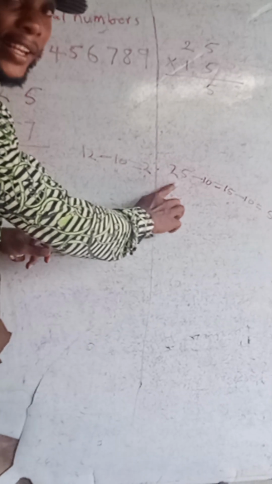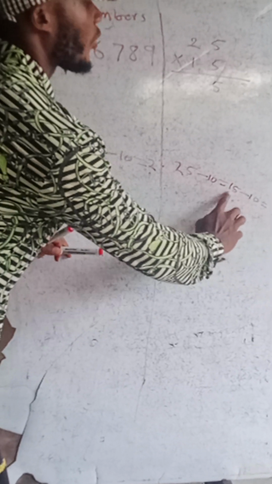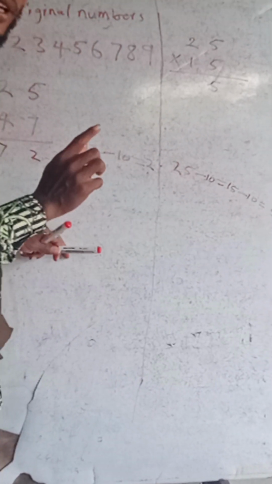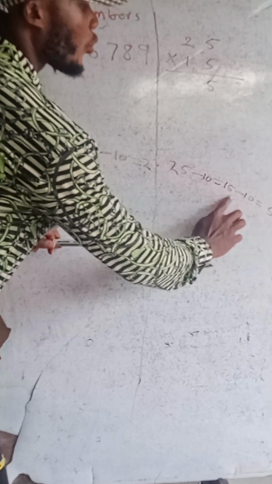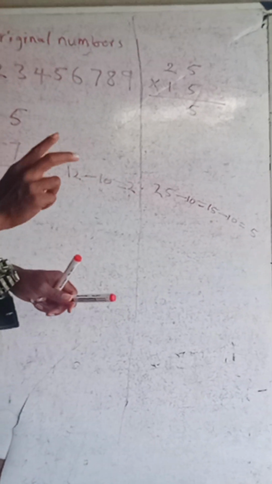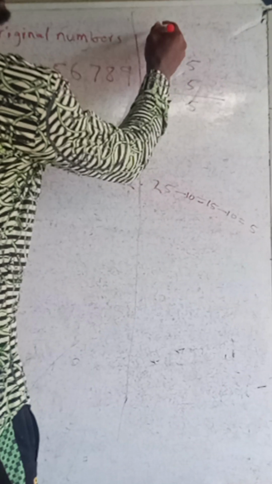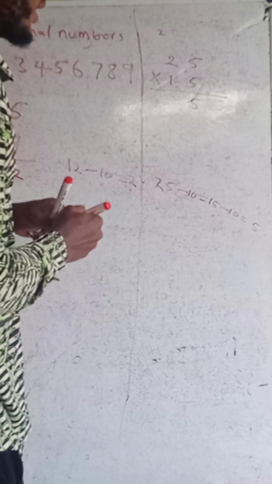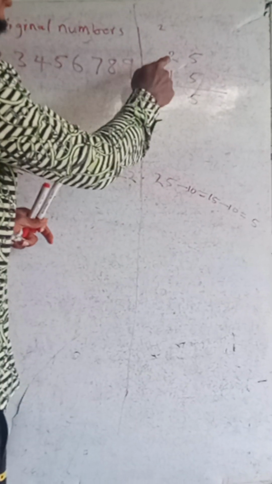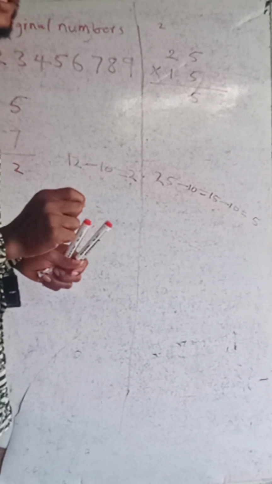And I subtracted once, twice. So since I subtracted twice, it means I'm going to raise 2. Again, 5 times 2 is 10.